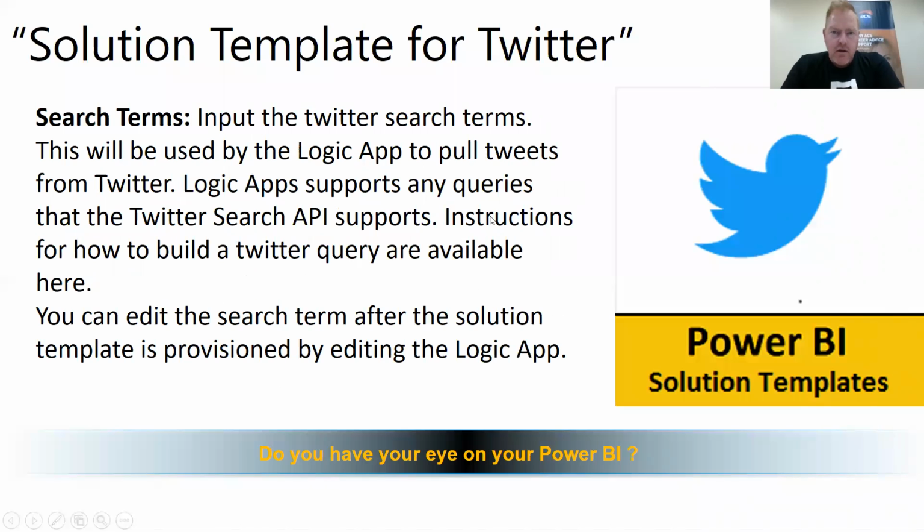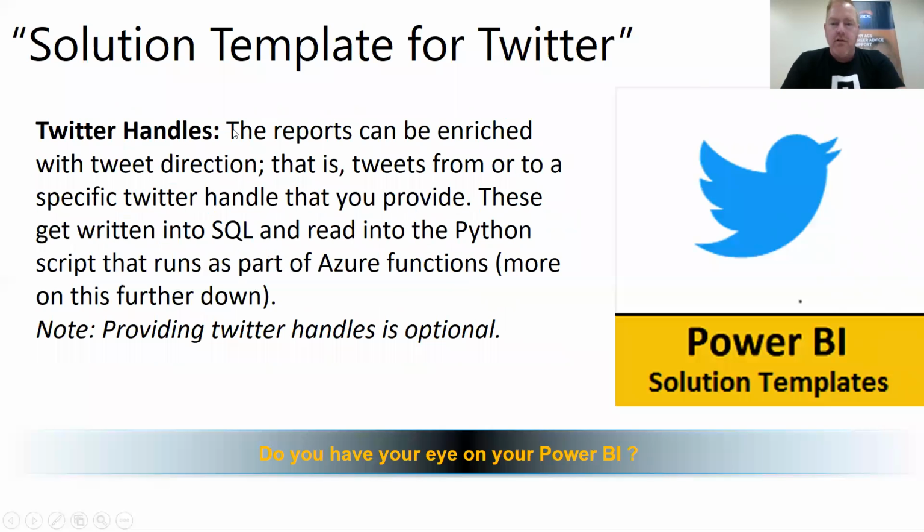You specifically have to say which search terms to use, otherwise you're not going to get the right information back. Twitter handles are specific user accounts that you'd like to monitor. If it's your own Twitter handle, you might want to monitor that. But if you have a key influencer, say someone else, you can monitor someone else's account as well and see what inbound and outbound tweets are happening on those accounts.